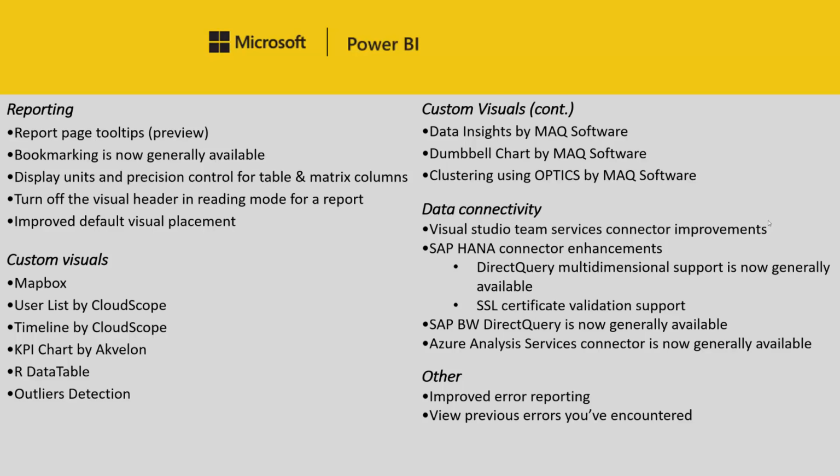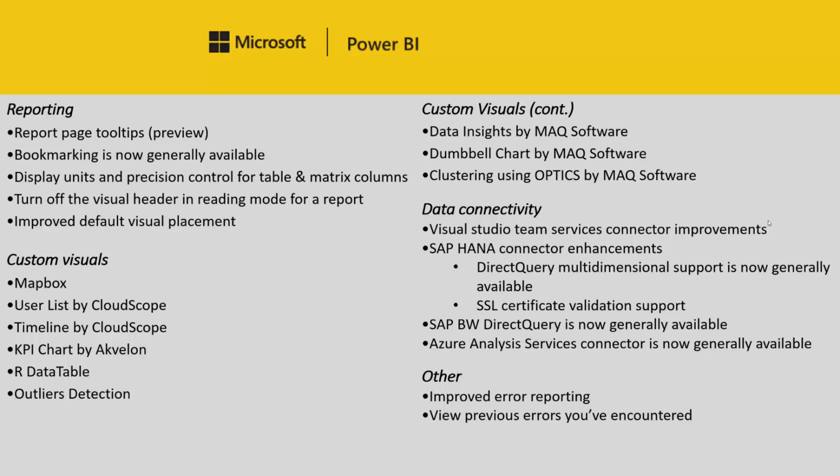It wasn't performing up to our standards, and it took a lot of understanding of the data to be able to make some simple reports. So this new connector is a complete revamp of that. It pulls aggregated data from the VSTS analytics service, and this makes everything much more performant and much easier to create your reports as well. We also have 2 separate SAP HANA connector enhancements.